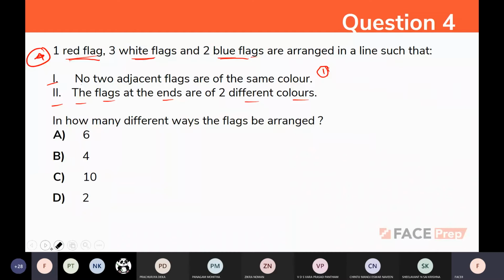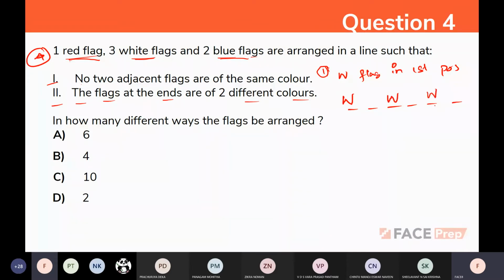Okay, so let's start with how we can start. We can start with the white flag in first position. Okay, so 1, 2, 3, 4, 5, 6. If you are placing a white flag here, another white flag will be here, another white flag will be here.